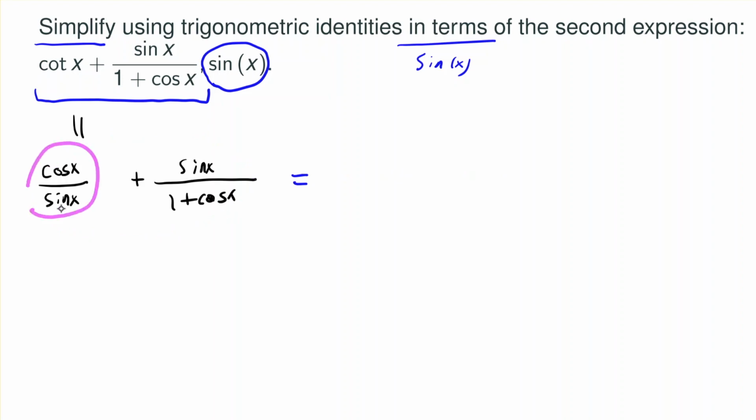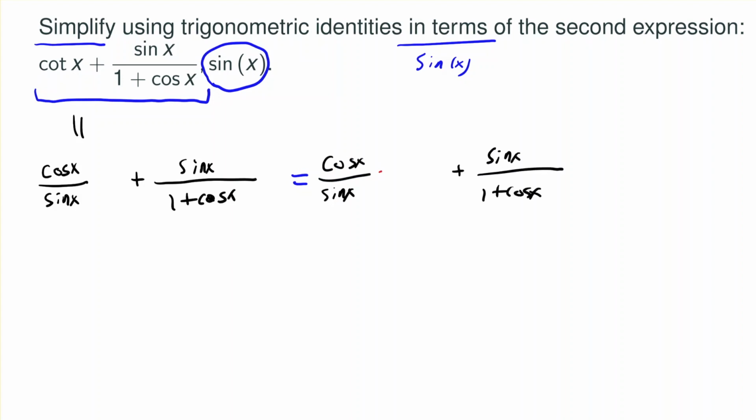So on the left side, I'm going to multiply this top and bottom, and on the right side, I'm going to multiply sine top and bottom. So let me write that. So I have cosine x over sine x, leave some space, plus sine x over 1 plus cosine x.